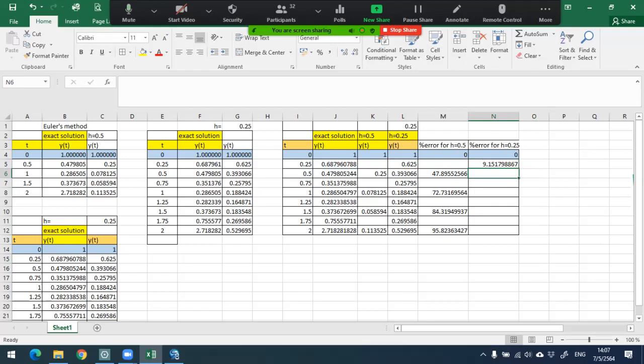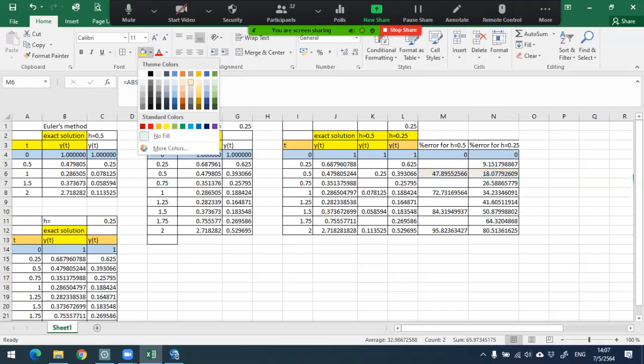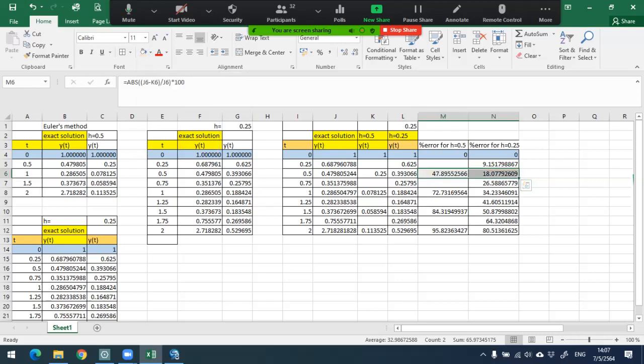Okay, so the percent error is reduced if we compare at the same point. You see that with the reduced step size, we obtain a better solution, right?